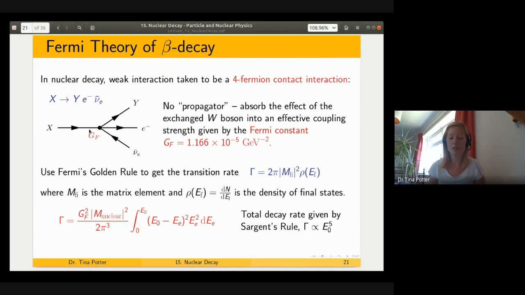It was only a low energy approximation of some higher order theory, which was the weak theory, propagated by that massive W boson with the coupling strength GW. So we can happily use Fermi theory, which simplifies things quite nicely, and we can use Fermi's golden rule to have a look at the transition rate. This is what we're going to do next.